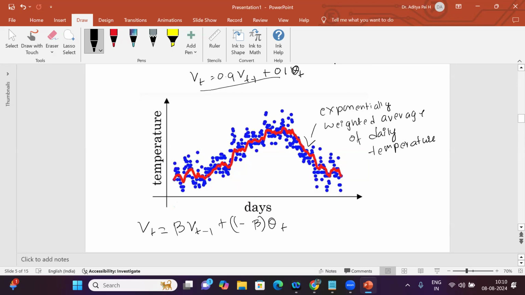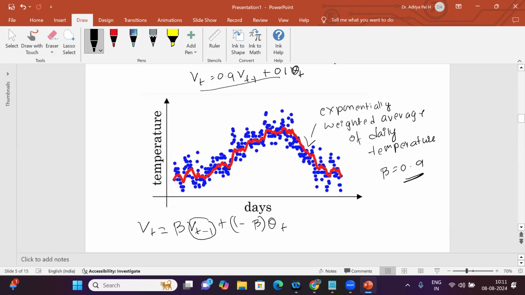So what does this mean? This is nothing but the weight from the previous one, and beta is the value that we are applying. Here you can see that the beta value is equal to 0.9. So what is this 0.9? This is what we are applying to the previous weight.